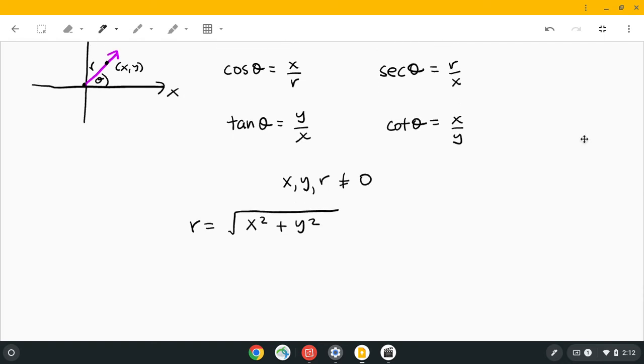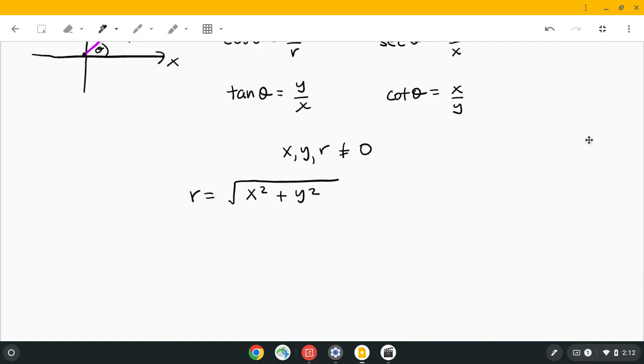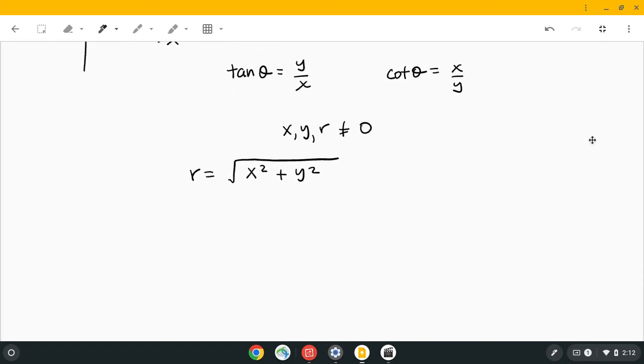Okay, so let's take a look at an example here. Let's go ahead and find the 6 trig functions of theta.